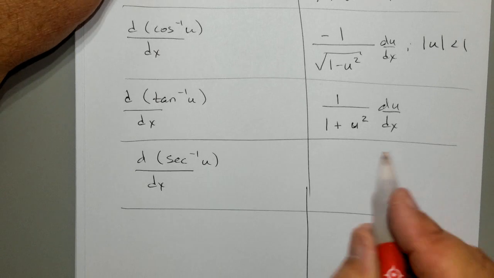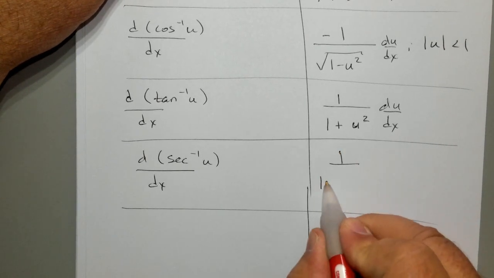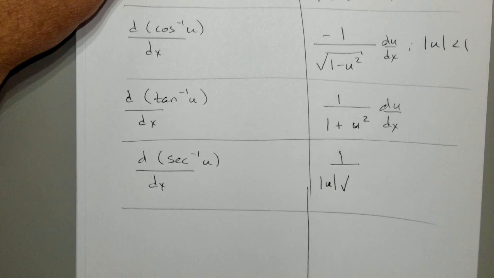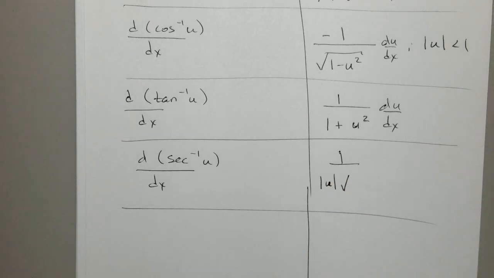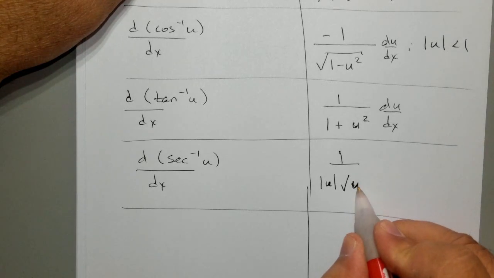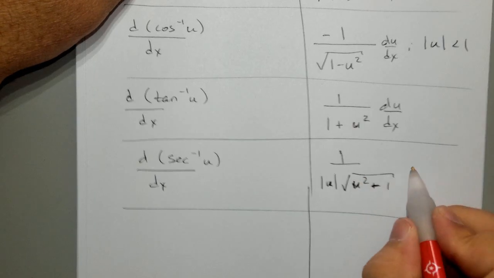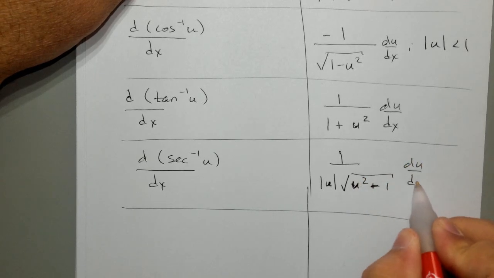Derivative of the secant function: one over absolute value of u, square root of u squared minus 1, du dx.